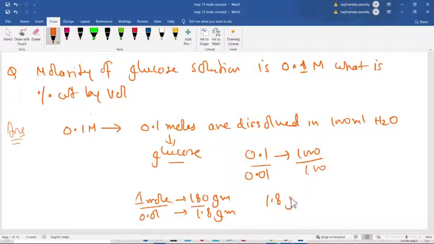You can also write 1.8 gram in 100 ml, and so this is the percentage, 1.8%. So 1.8% is the final answer. Any doubt?